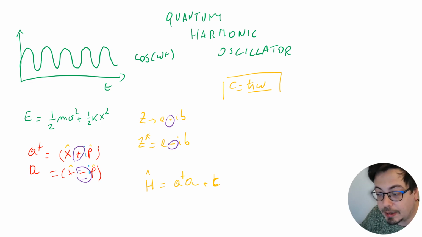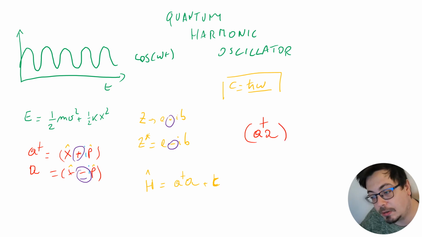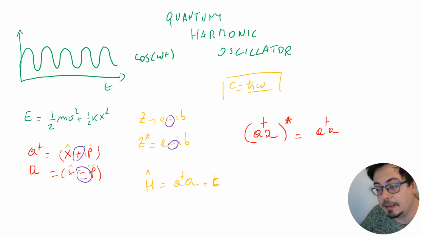And so why is this important? Because now you can see that if you take A dagger A and then you do the complex conjugate of this, it will be the same again. We can do this calculation.